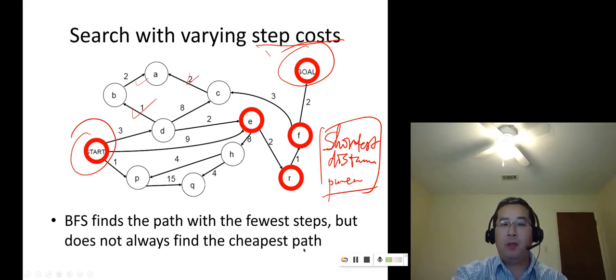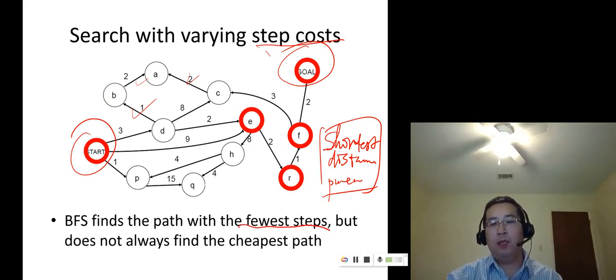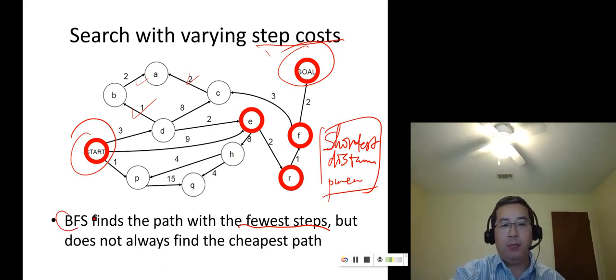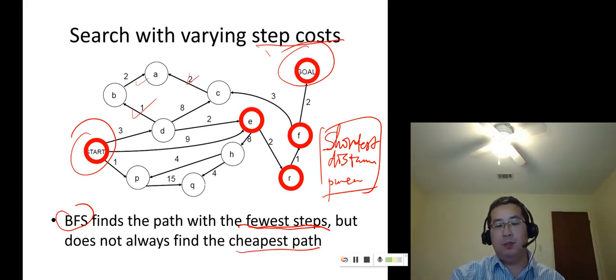We assumed the fewest steps would be the smallest cost when step cost is uniform, but here it is not, so we cannot guarantee it. Using BFS, you find the shallowest one, but maybe it's not the cheapest path. That's why we want to find something else.